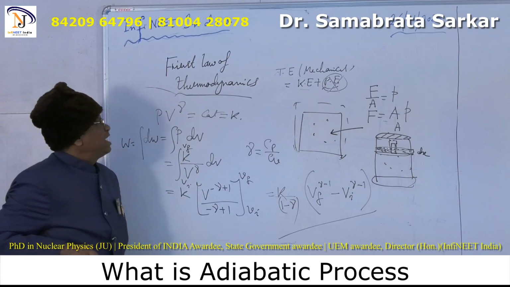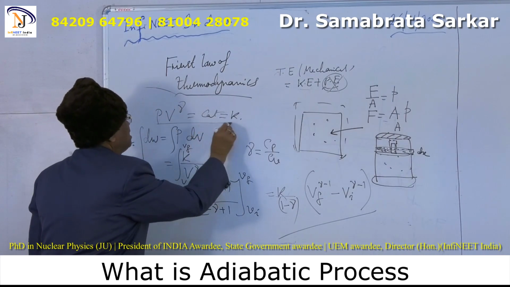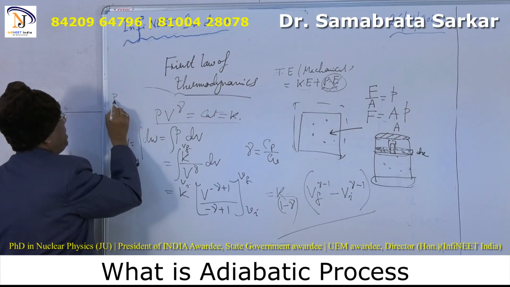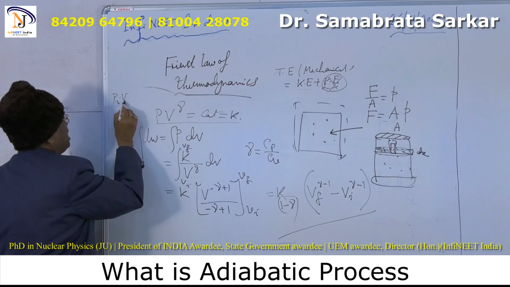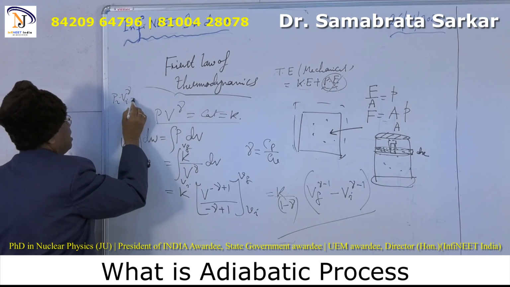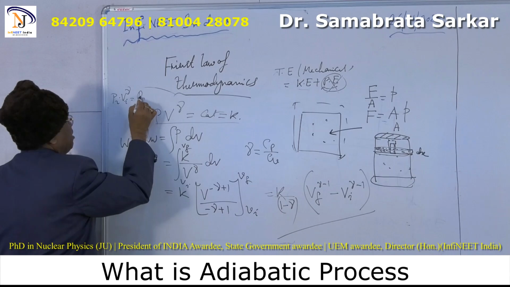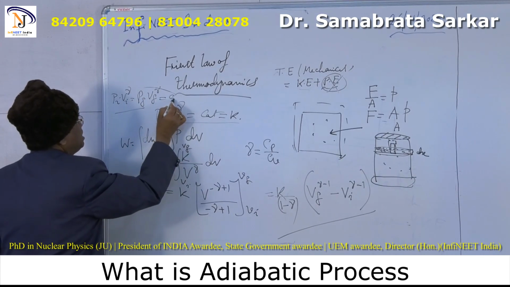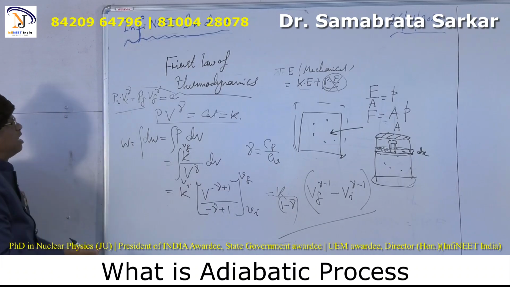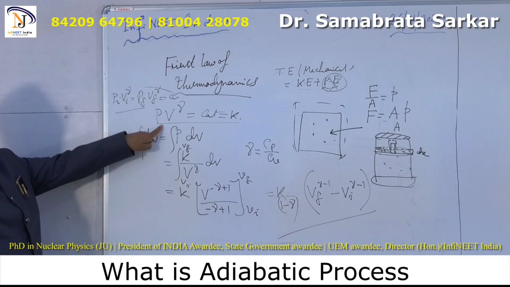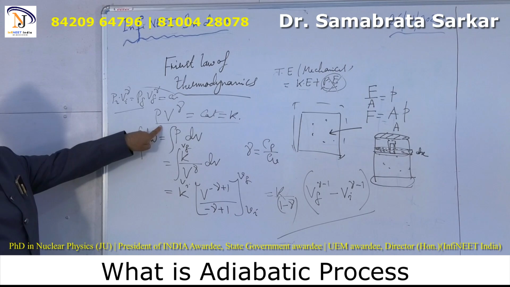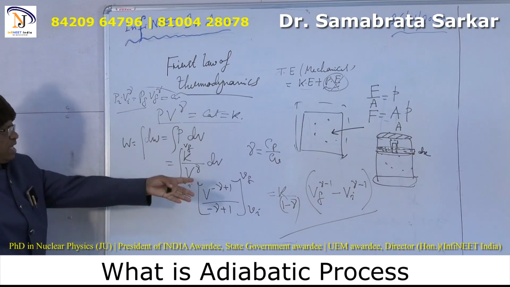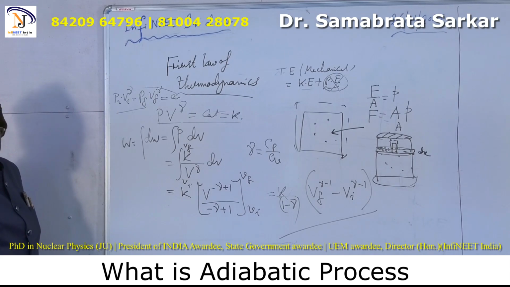Okay, and here you have written like this. So what can you write? You can write Pi Vi to the power gamma equals Pf Vf to the power gamma equals a constant. Okay, instead of K, you just put in the value to get the result.